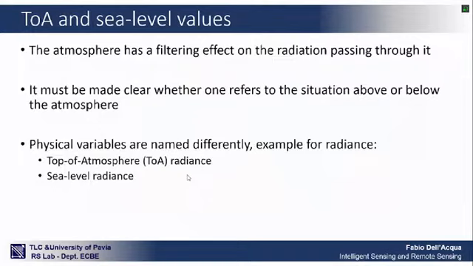If the atmosphere eats up a part of the radiation, and I do not realize that, I do not correct for that effect, I will be heavily underestimating the reflectance. I will be taking a wrong map, like a worn-out key, where a part of the map has been taken away from me. Okay, it doesn't work anymore.